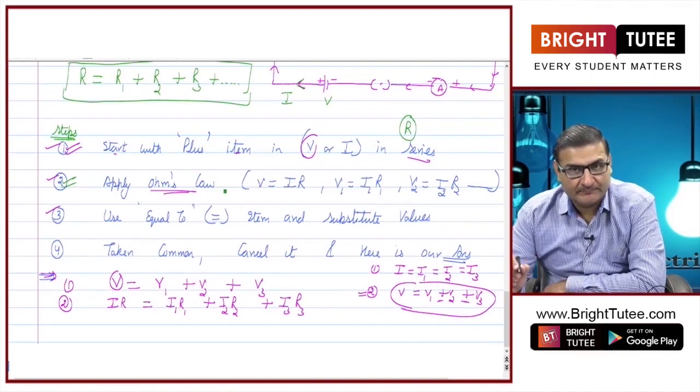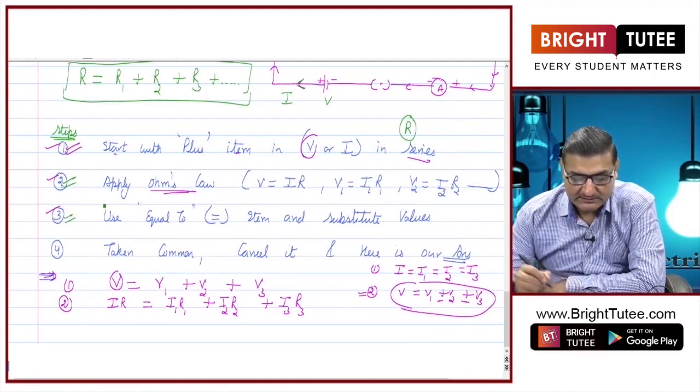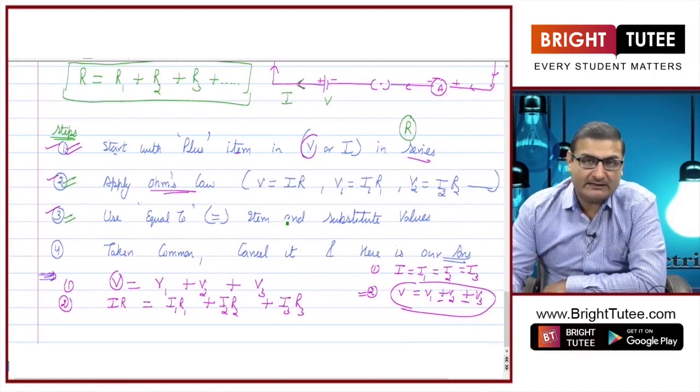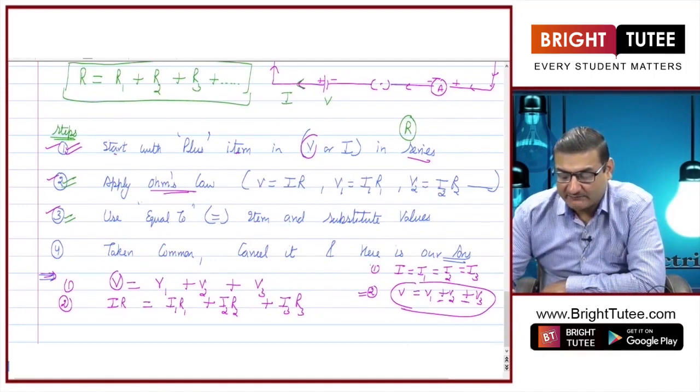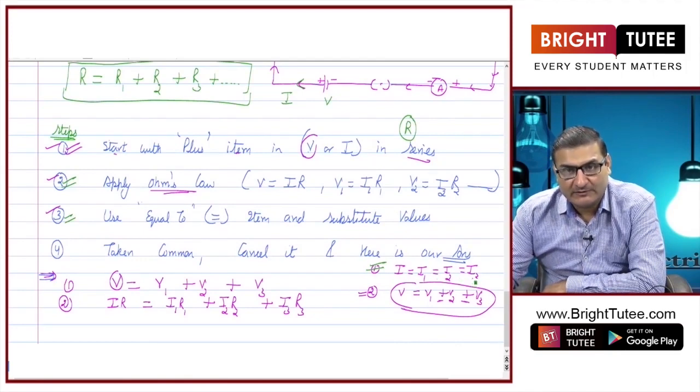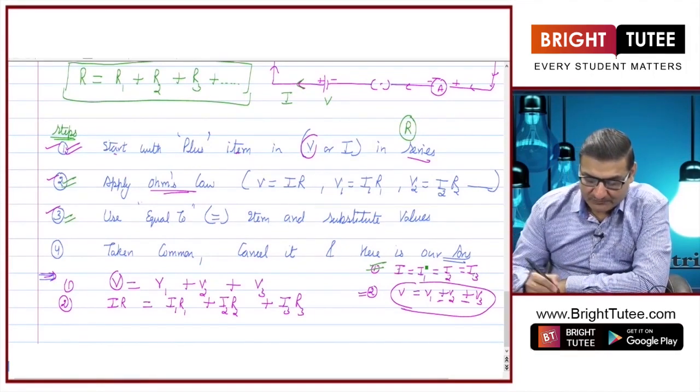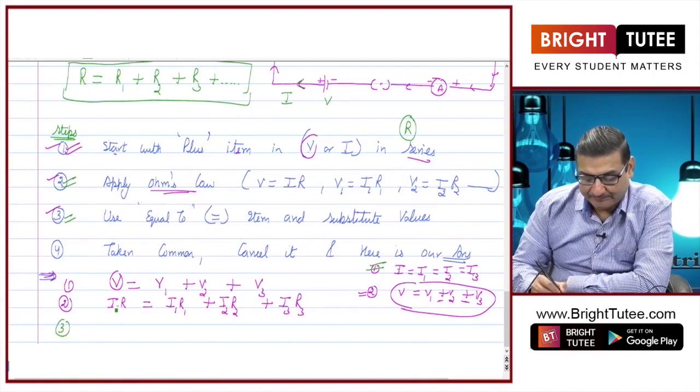Apply Ohm's law. Now, the third step was use equal to item. Now, in series, I can find here that the current is equal throughout. So, instead of I1, I can write I, instead of I2, I can write I, instead of I3, I can write I because they are all equal. So, this is my third step.